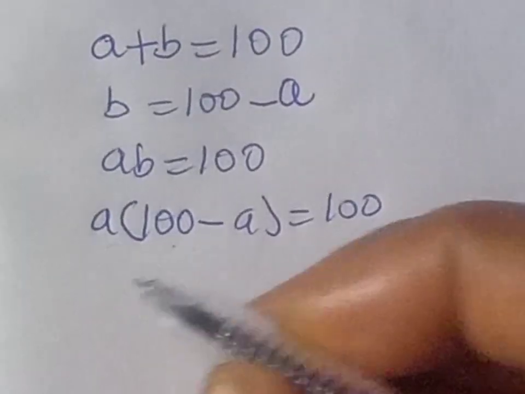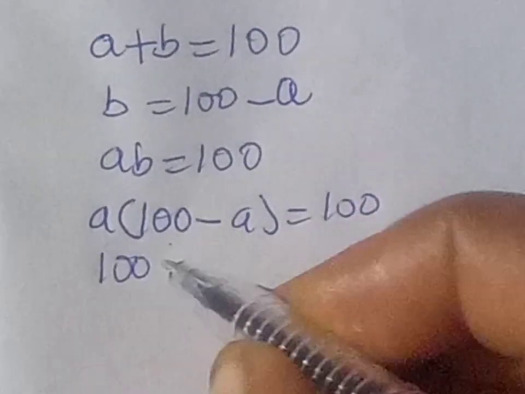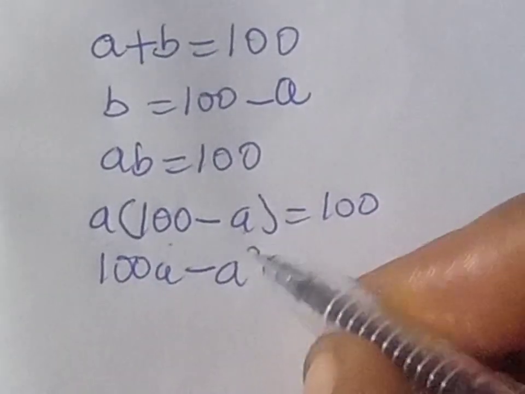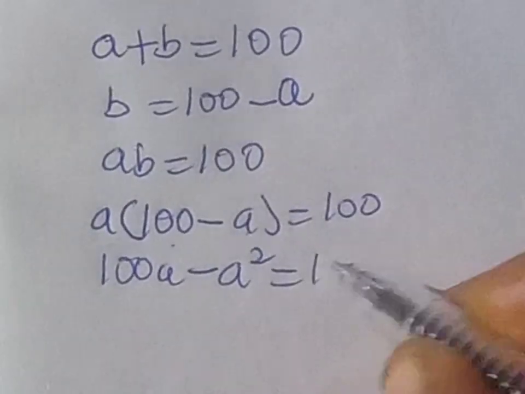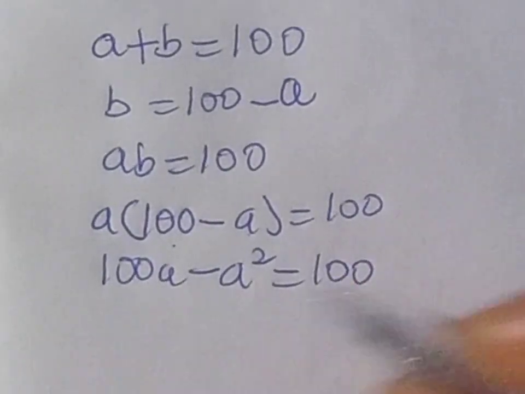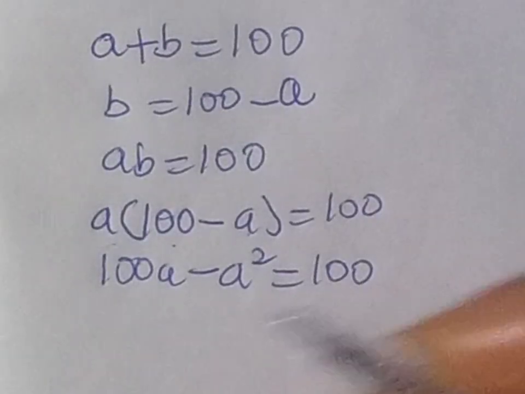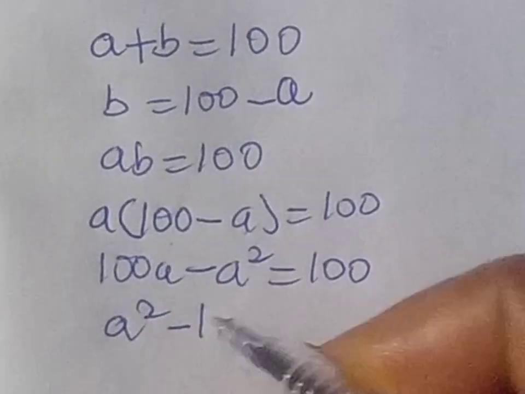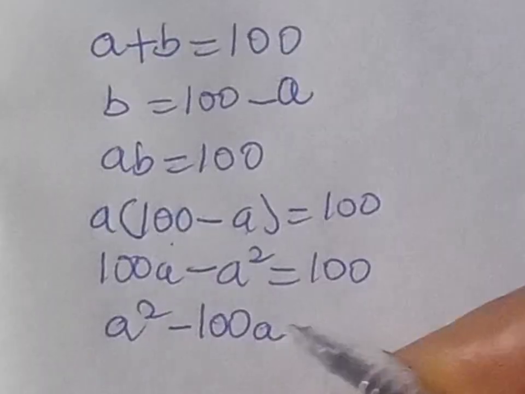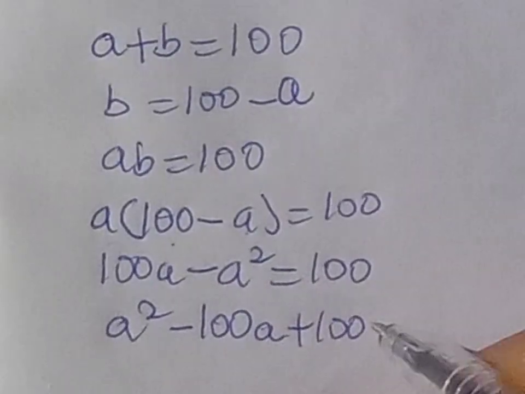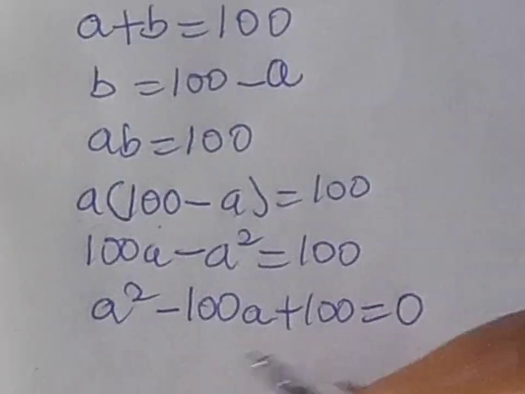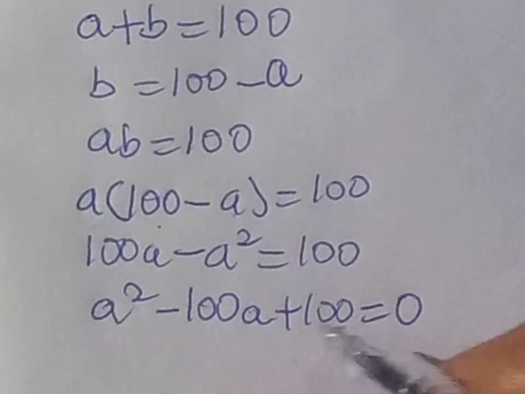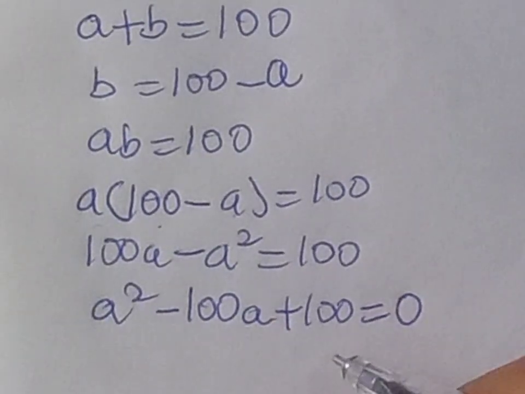A times 100 will give us 100a, minus a times a will give us a square, equals 100. Now let's move everything to one side, which gives us a square minus 100a plus 100 equals 0. This is the equation that we shall be using to get our two solutions.